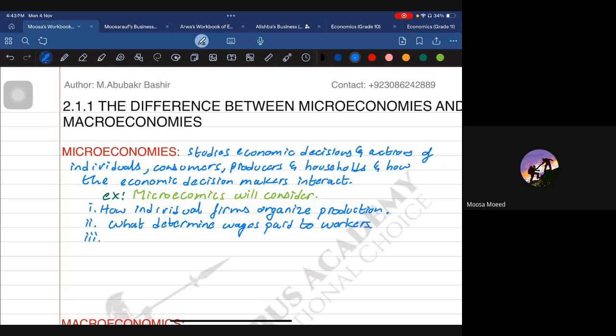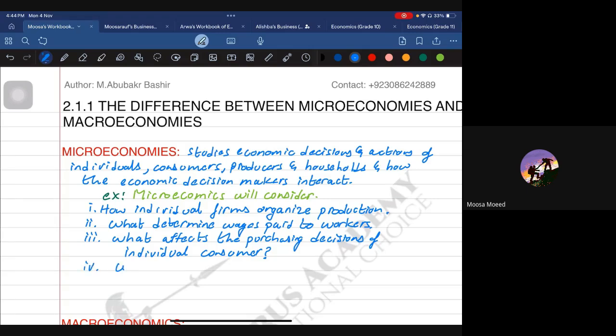Then, for example, what affects the purchasing decisions of individual consumers? So how does the individual consumer decide what to purchase and what not to purchase? This is again a discussion at a micro level.